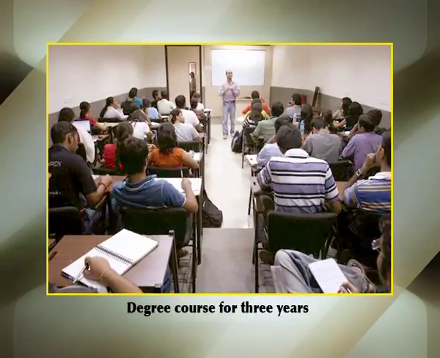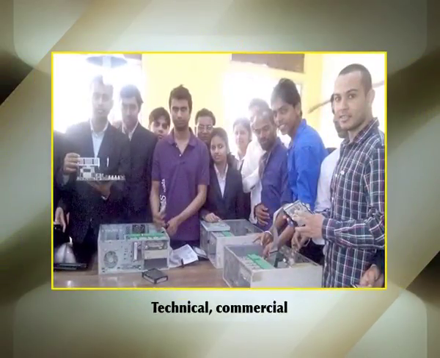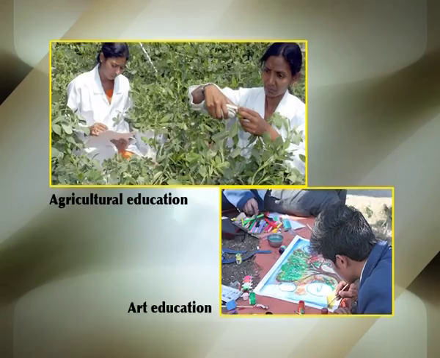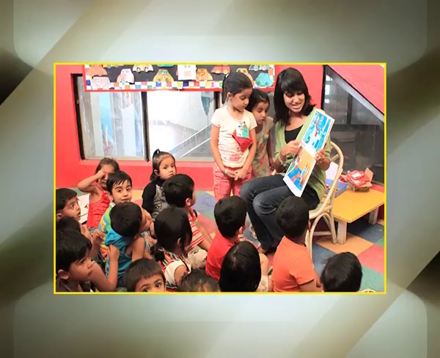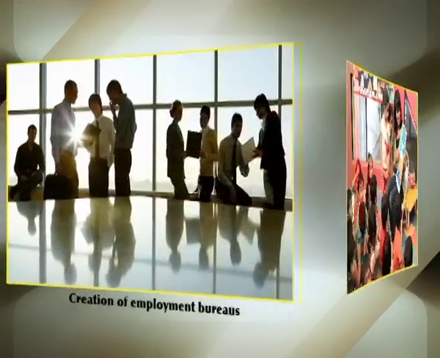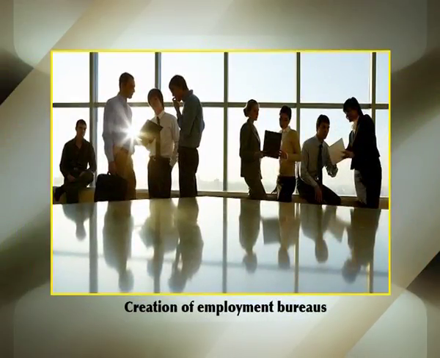Degree course for 3 years beginning after the higher secondary examination for selected students. Technical, commercial, agriculture and art education for full-time and part-time students. Full provision for the proper training of teachers. The creation of employment bureaus. The creation of Department of Education in the center and in the states.